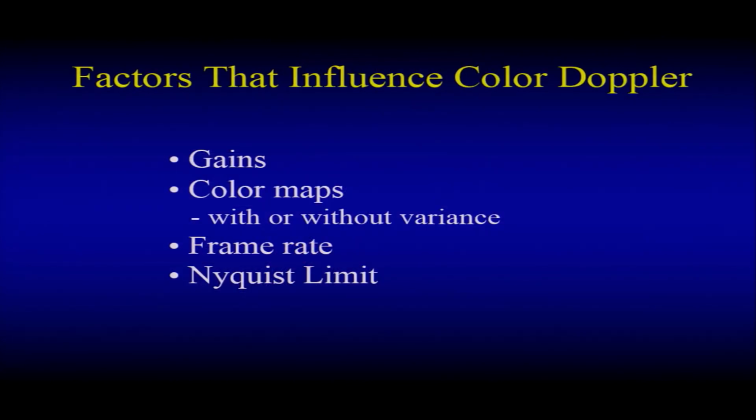And what influences this? This is important because it takes time to process color Doppler. And you don't want it to take so much time that it becomes stroboscopic. Then I won't know what the flow is like. So you want to maximize the frequency of these images. Yes, it is dependent on gain, color maps, frame rate is important, and the Nyquist limit.